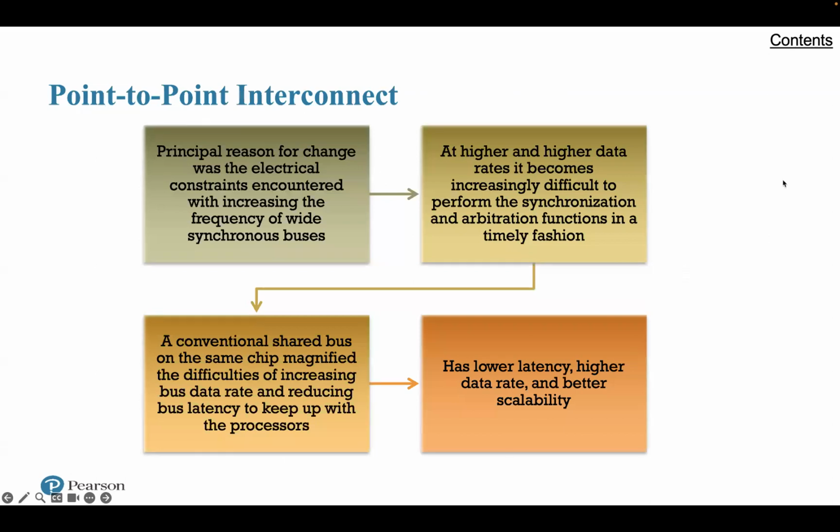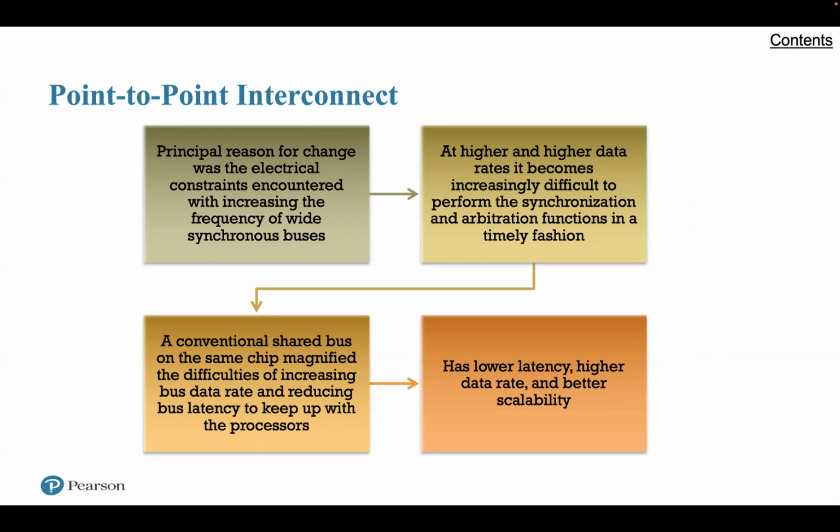Well, we mentioned this, but now let's talk about point-to-point interconnections. The shared bus architecture was a standard approach to connecting the processors and the other elements for decades, but contemporary systems are moving more toward point-to-point interconnects.